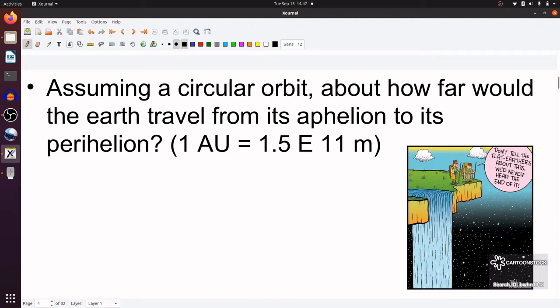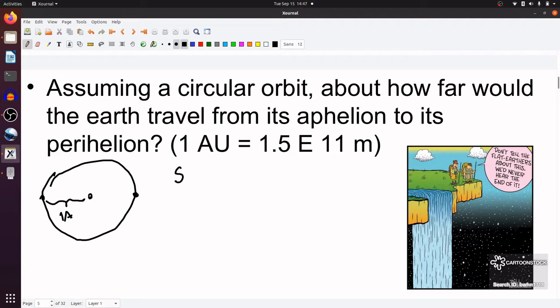So what I mean by that is, and I've drawn this out, I think in Chapter 5. So we're assuming that's a nice circle. So basically we want to go from here to here, and the semi-major axis is 1 AU, and that'll be my radius. So I want to figure out how far it would go.